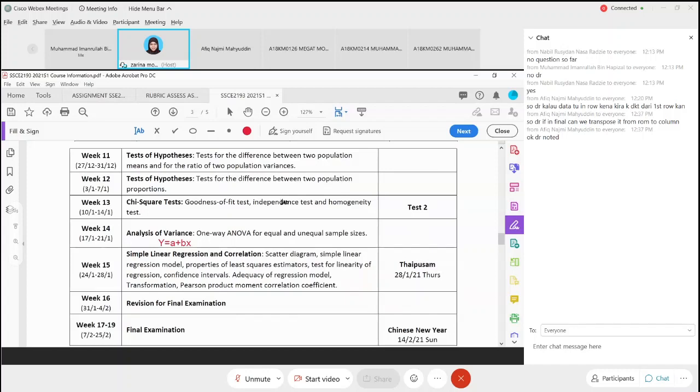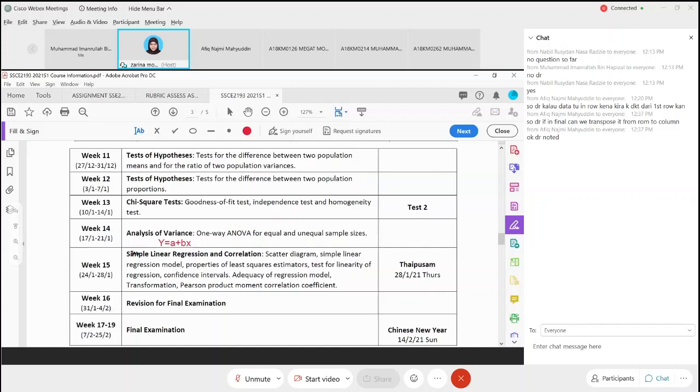The analysis on relationship using independence test is the analysis on the relationship between two categorical variables. X and Y are categorical. Okay, qualitative variables.